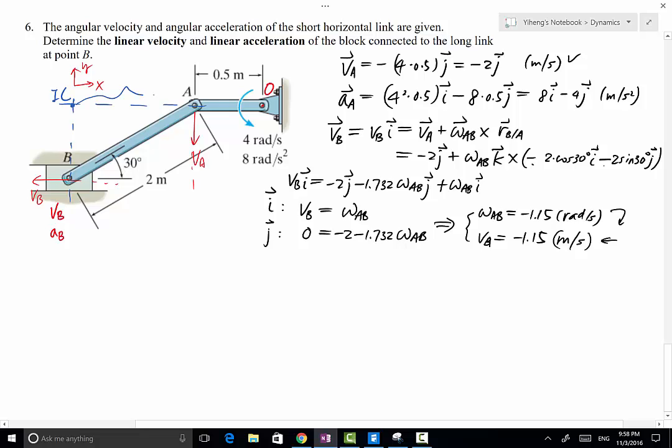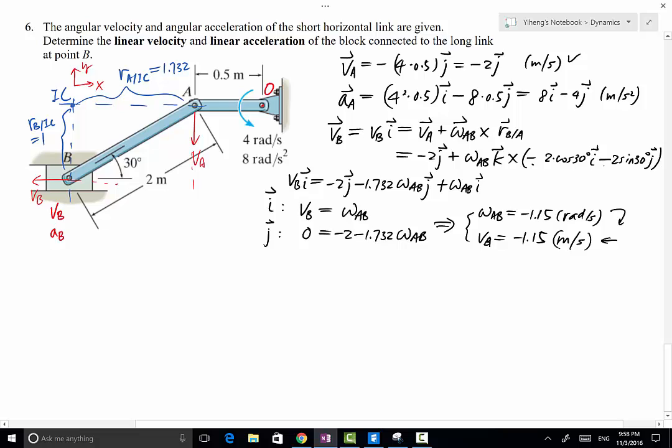And this distance right here is RA with respect to IC, and that equals 1.732 meter, which is 2 times cosine 30 degree. This right here equals RB relative to IC, which equals 1 meter.